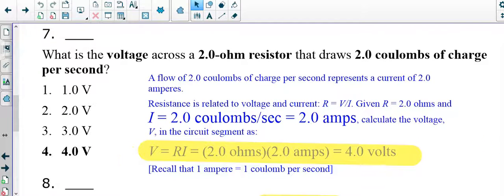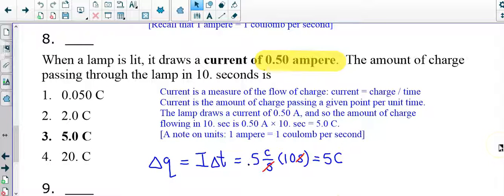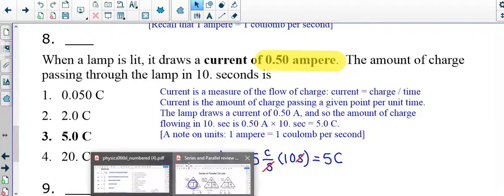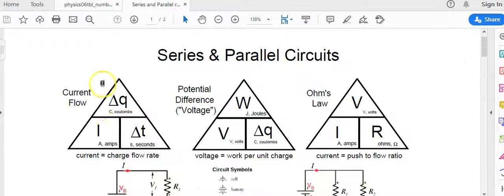Let's take a look at another one. Okay, here's problem number 8, which is very similar to problem number 7. When a lamp is lit, it draws a current of 0.5 amps. The amount of charge passing through the lamp in 10 seconds is... and of course, we know the relationship between Q, I, and T: I is Q over T, so Q equals I times T. The amount of charge is the current flowing for so many seconds.